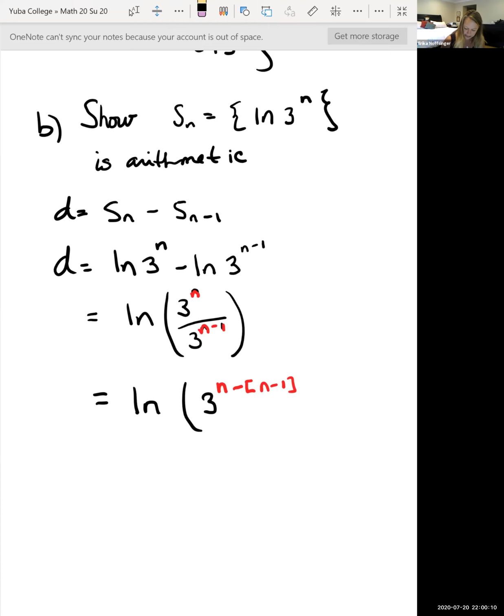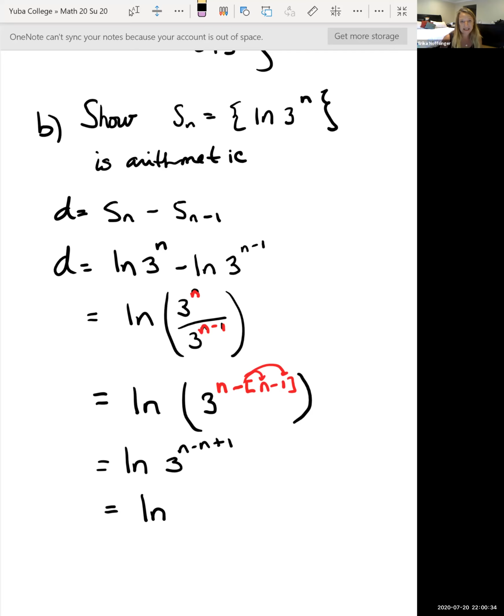So if I distribute that negative, I get the natural log of 3 all raised to the n minus n power, and then a negative times a negative 1, so this is plus 1. So this is the natural log of 3.